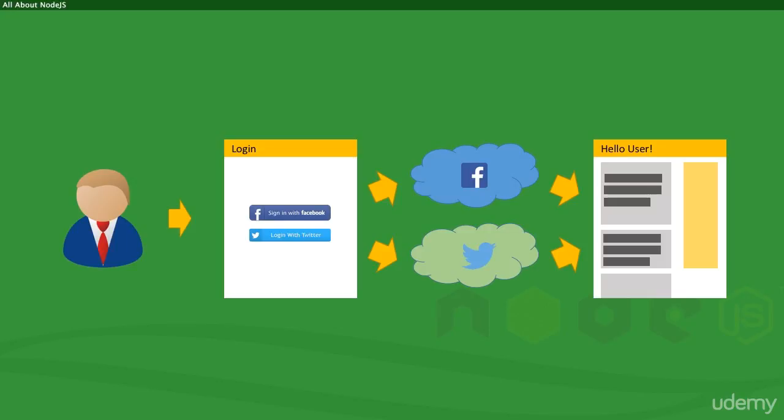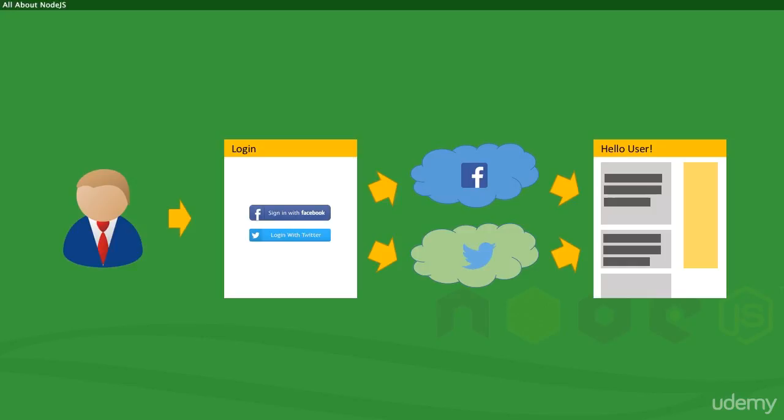You use this process almost every day. Whenever you see a button on a site that says sign in with Facebook, you're looking at an example of social sign-on. When a user clicks on this button, your app jumps to Facebook, which will ask you to log in if you aren't already. And if you're able to log in successfully, Facebook conveniently returns you to the site where you came from and sends along a bunch of data about you, such as your name, your profile picture, and more.